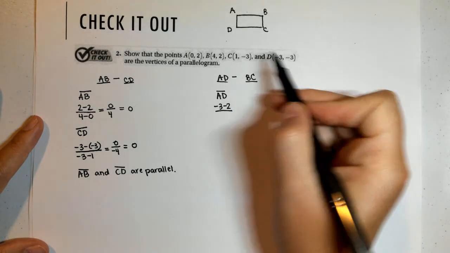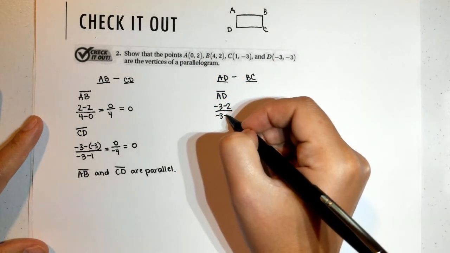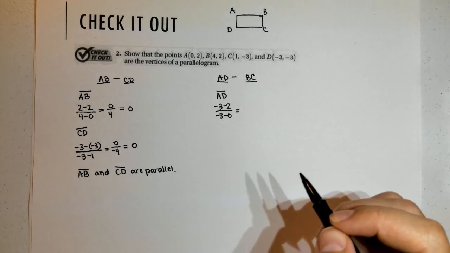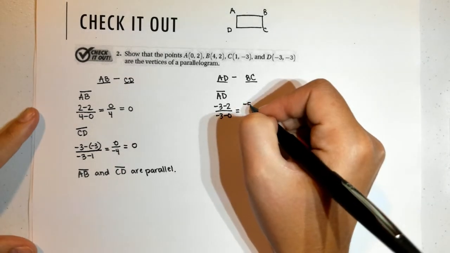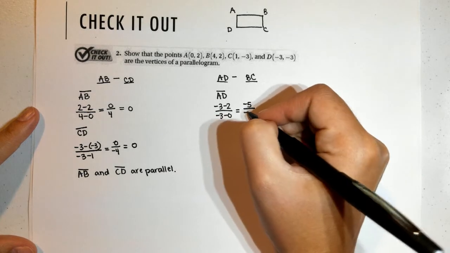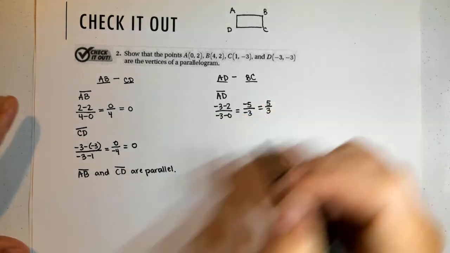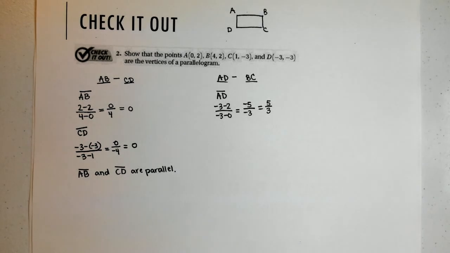And then my x value is negative 3 minus 0. So negative 3 minus 2 gives me negative 5. And then negative 3 minus 0 is negative 3. And a negative divided by a negative is a positive, so this will be positive 5 over 3.